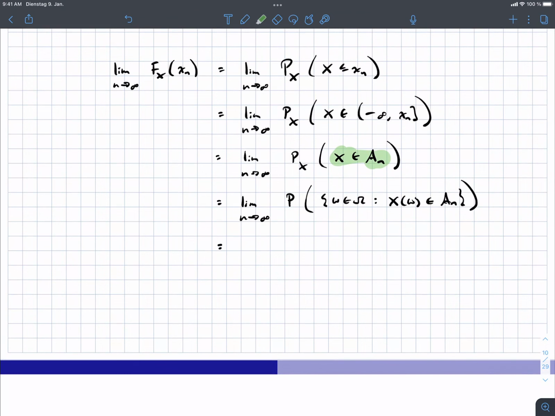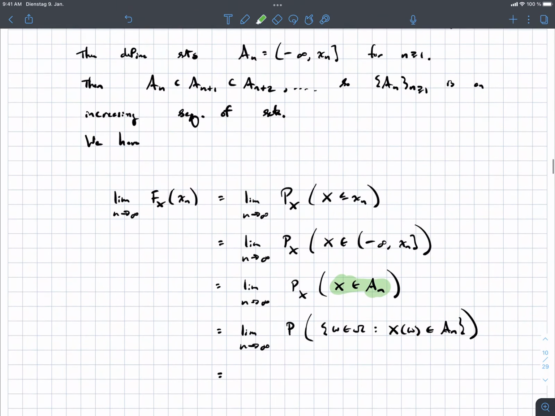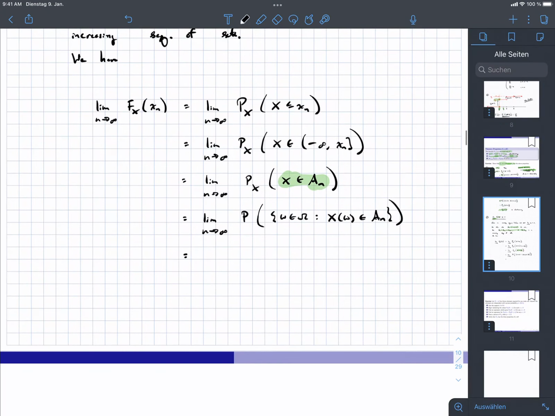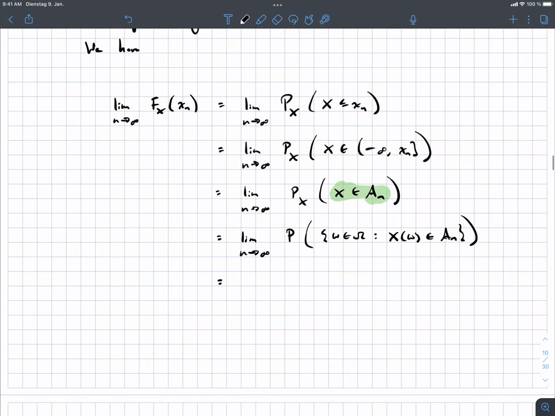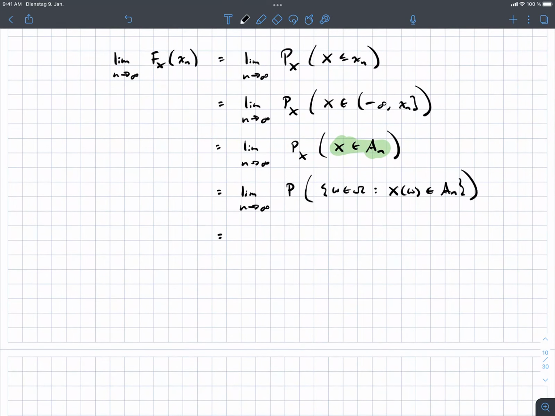Okay, so remember these sets make an increasing sequence of sets. Before we observe that, we proved in the last section that for an increasing sequence of sets, the probability function is continuous.